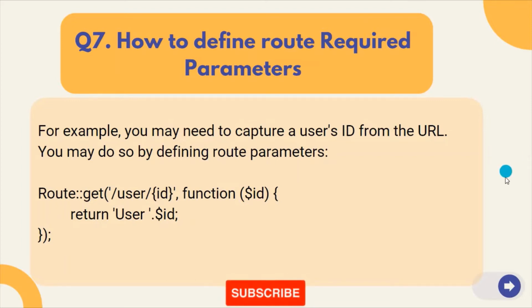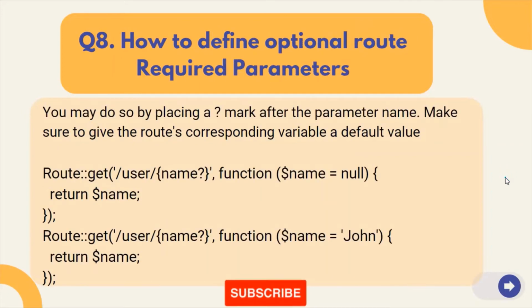To define that route, you have to write Route::get with user ID and a function, and that's how you can define your required parameter. Now the question comes, how can you define an optional route parameter? Suppose you are defining a blog, and you are going to the detail section of that blog. The URL can be blogs and then the details of that option.